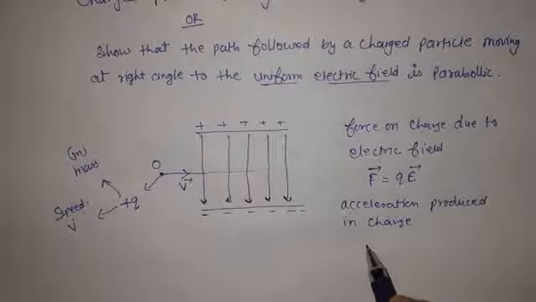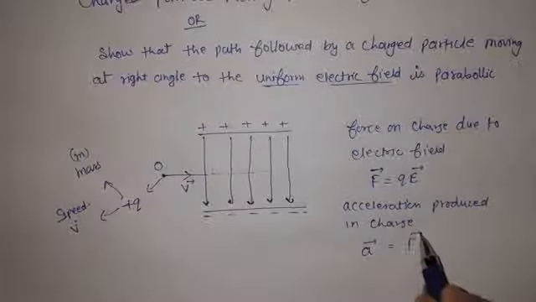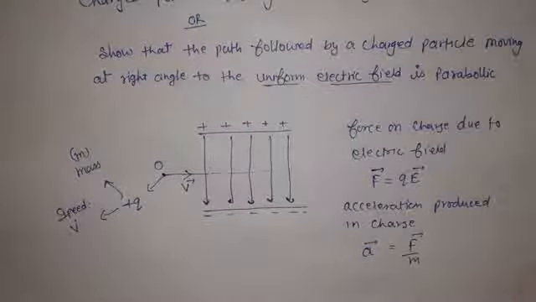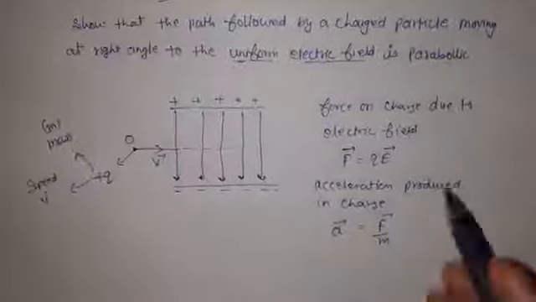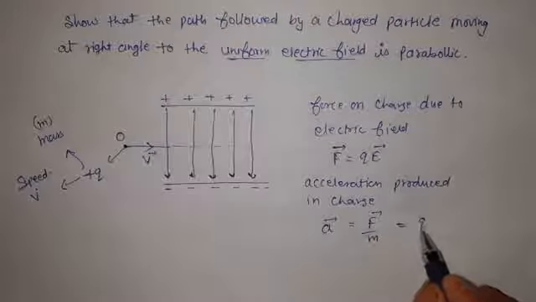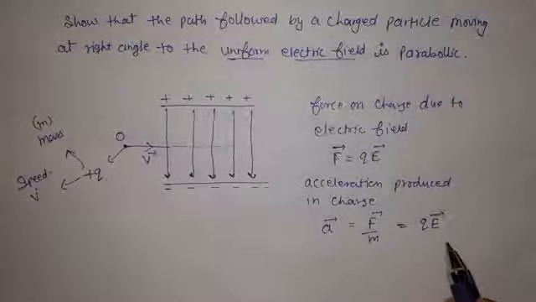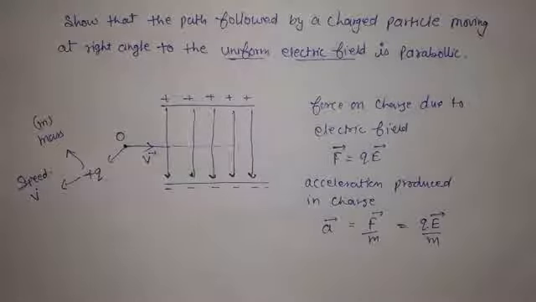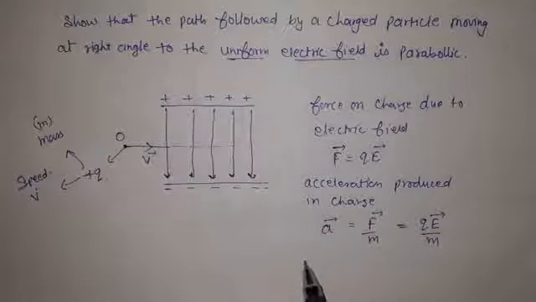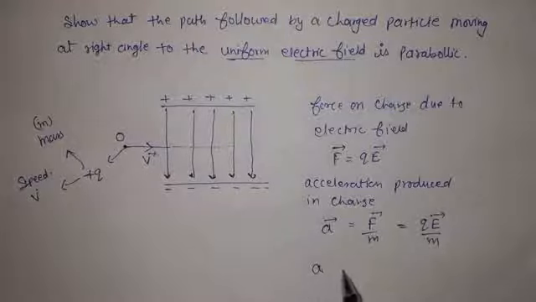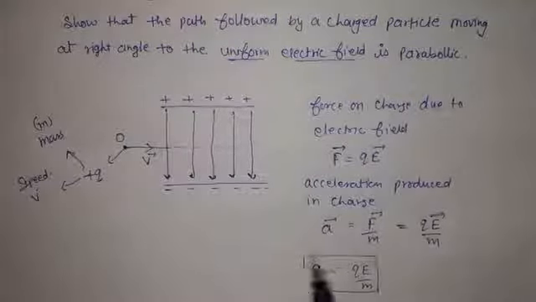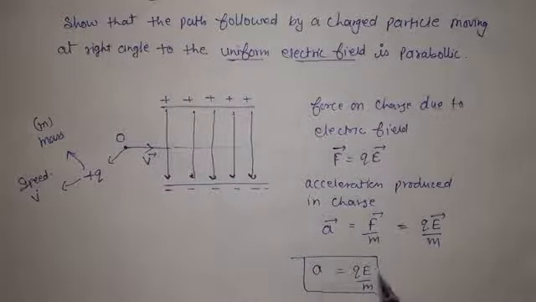According to Newton's second law, it is force upon mass. The force experienced is due to the electric field, so acceleration is equal to QE upon m. If we take the magnitude, it will be QE by m, in scalar form. This is the magnitude of acceleration.